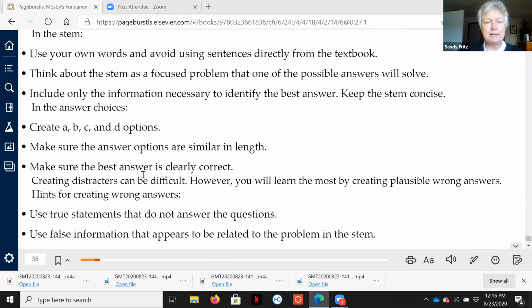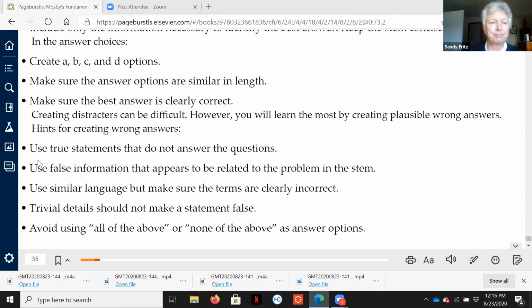Make sure that the best answer is clearly correct, and understand that creating distractors is difficult. And you'll actually learn the most by creating plausible wrong answers. So some hints for creating good wrong answers are using true statements, but they aren't the answer to the question.